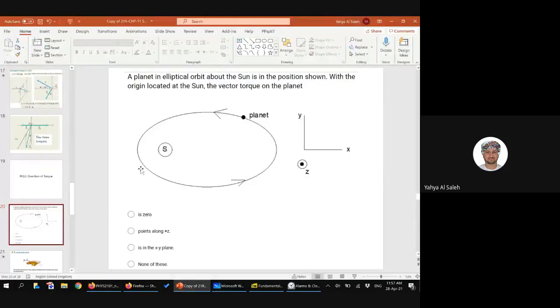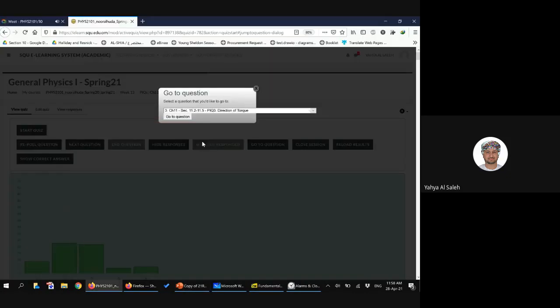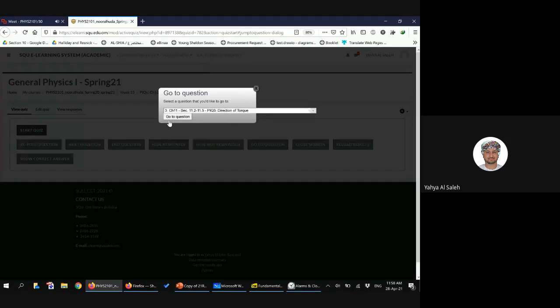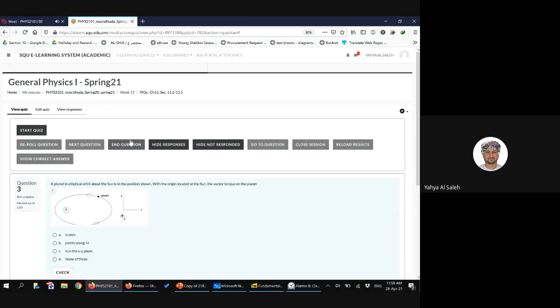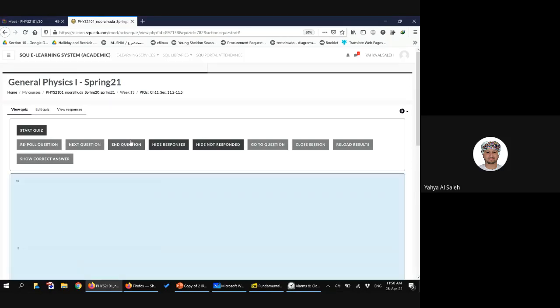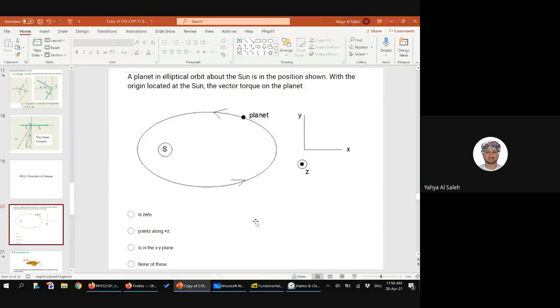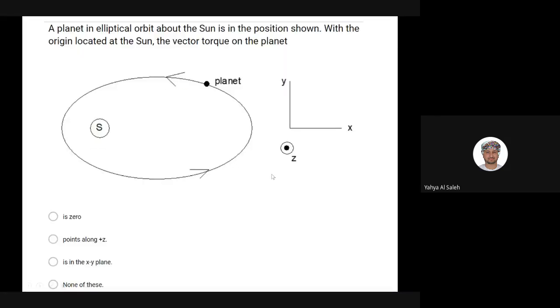A planet in elliptical orbit about the Sun is in the position shown. With the origin located at the Sun, the vector torque on the planet is what?